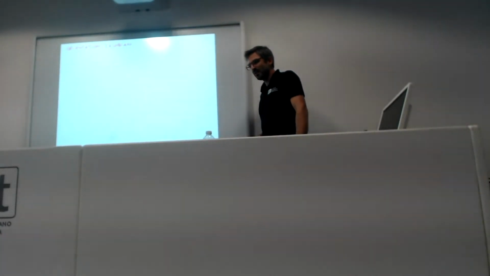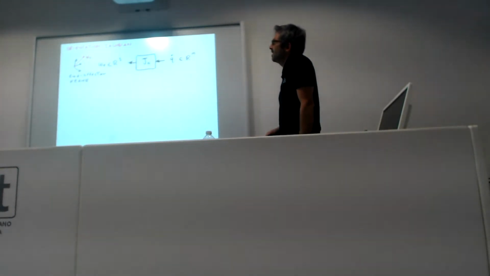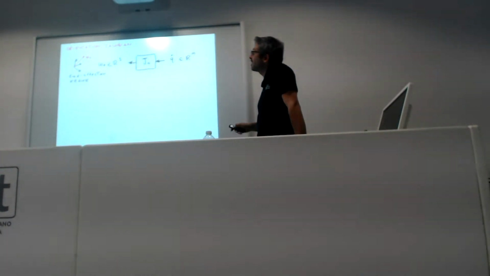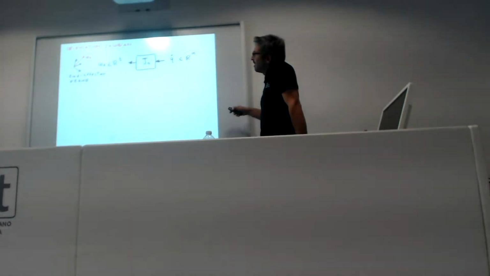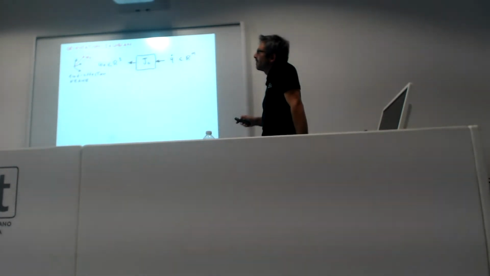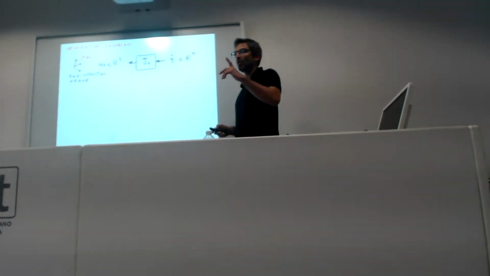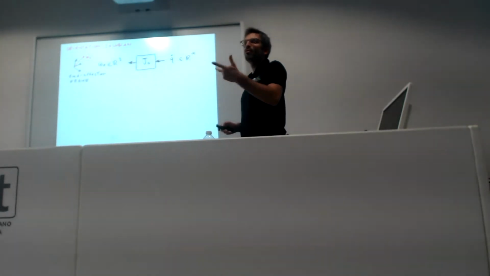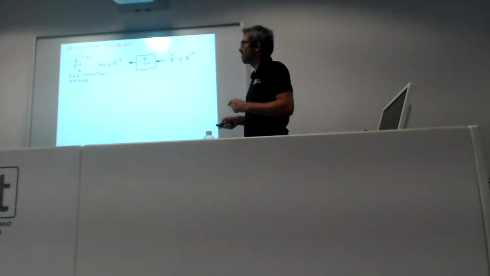Now, what does the orientation Jacobian look like? The orientation Jacobian is the linear mapping that maps joint velocity into omega. Omega is the angular velocity, the vector that represents the angular velocity of the rotation of the end effector frame, if the Jacobian is related to the end effector.